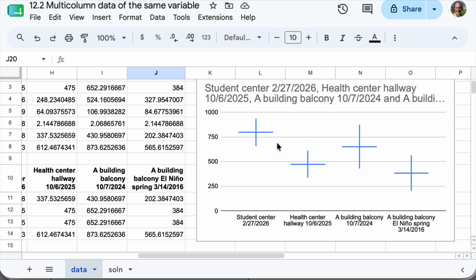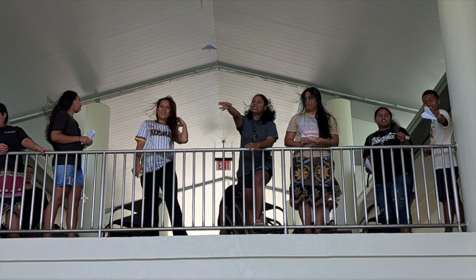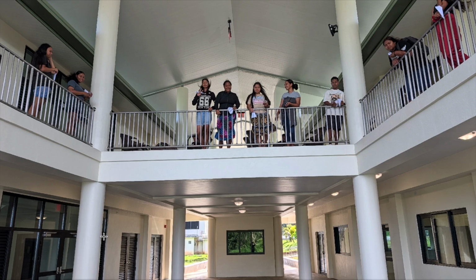But planes did fly farther from the student center. It's beyond the scope of the course essentially and this video to talk about why, but the critical reason is the student center is sheltered from any wind effects, and so the airplanes tend to fly a bit farther inside this enclosed atrium.